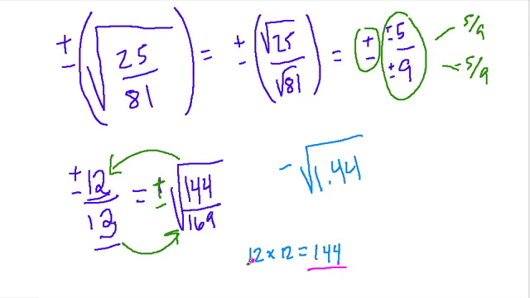Well, 1.2 is equal to 12 divided by 10. So it's 10 times smaller than 12. So if 12 times 12 is 144, then a number like 1.2 times 12 is going to be 14.4, because it's 10 times smaller altogether.